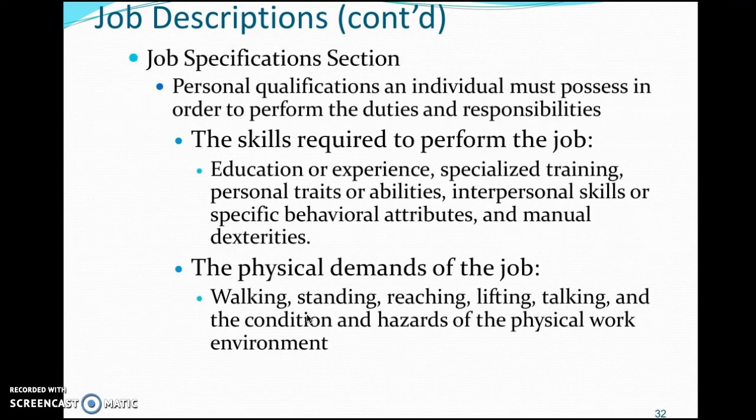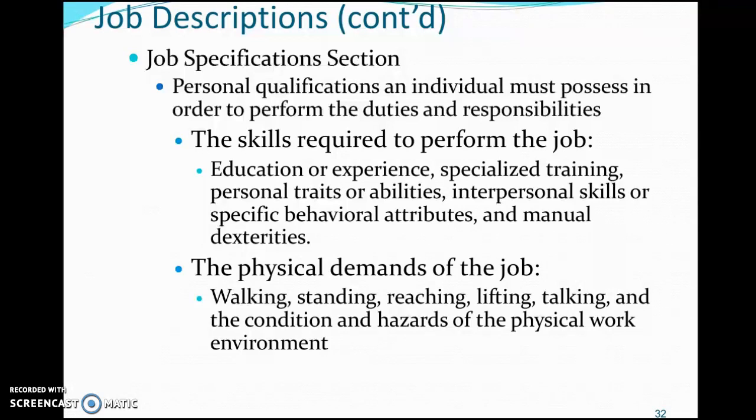And then we have the person specification or the job specification section, which is what looks at the KSAs. So this is all the qualifications the individual must possess in order to perform the TDRs, the tasks, duties, and responsibilities. So it may look at the education or experience, if they need to have specialized training, any personal traits or abilities, their interpersonal skills, whatever specific behaviors.